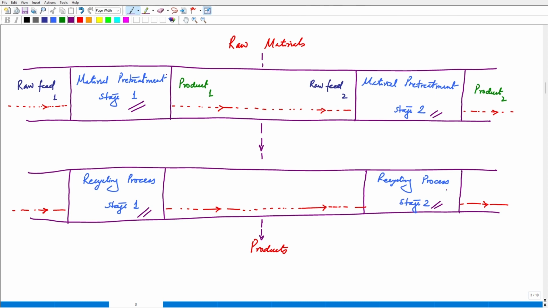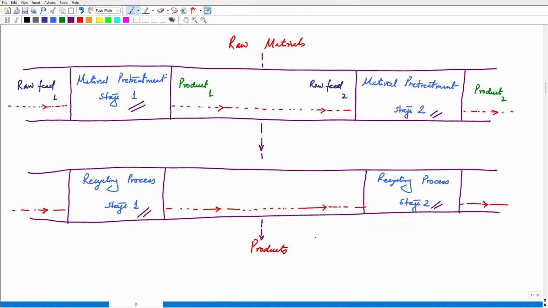And of course, we can club as many pre-treatment stages and recycling stages as required, and we can also have refining stages after the main recycling process to improve the quality of the finished product.